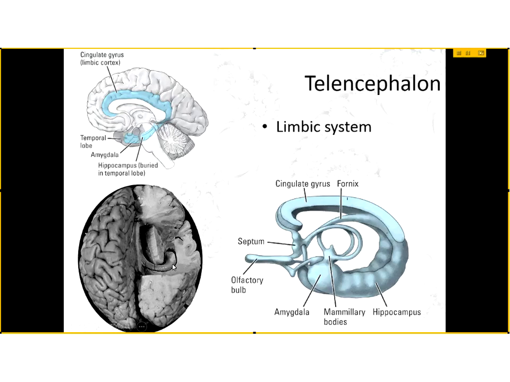The hippocampus plays an important role in memory formation and accessing memories, and the amygdala plays an important role in emotion. Maybe you've seen the movie Memento, in which the lead character has a problem forming new memories.